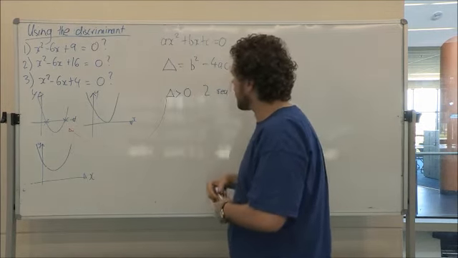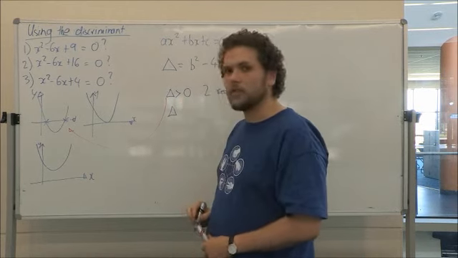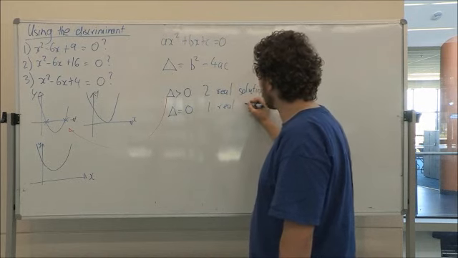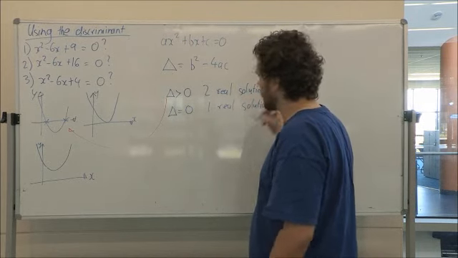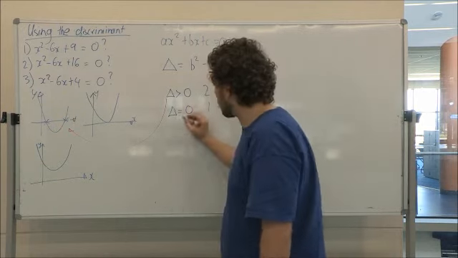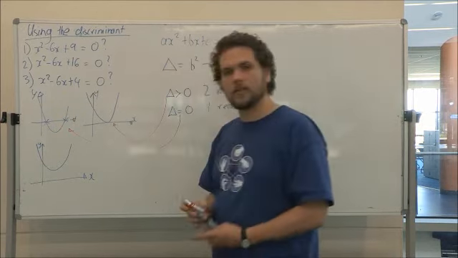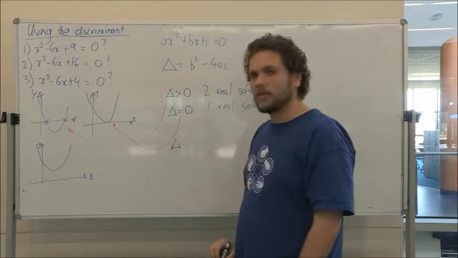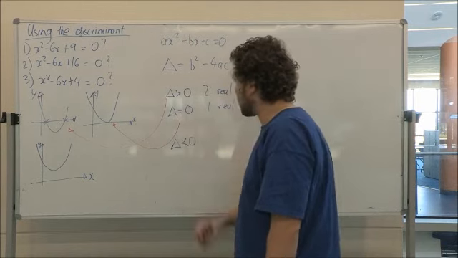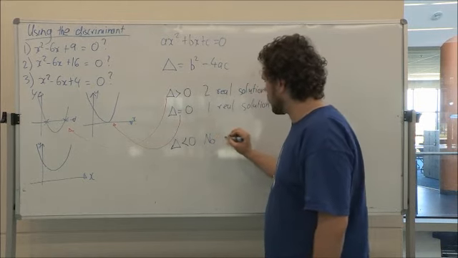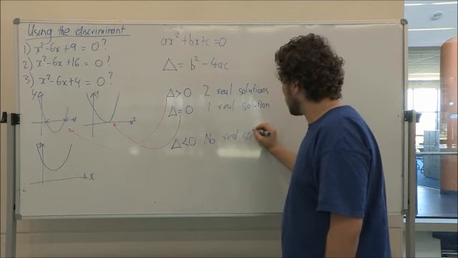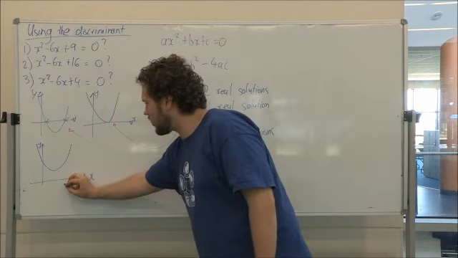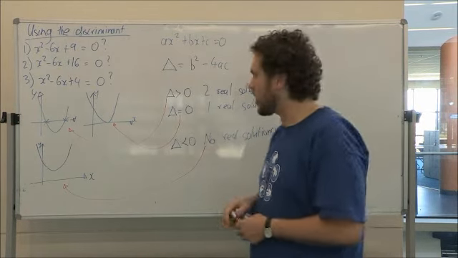If we have the discriminant, using symbol delta, equals 0, we have one real solution, which matches when the graph is just touching. So the turning point is on the x-axis. The final one is when delta, or the discriminant, is less than 0. And this is where we have no real solutions. And that matches the graph where it doesn't cross the x-axis at all, or come in contact with it.